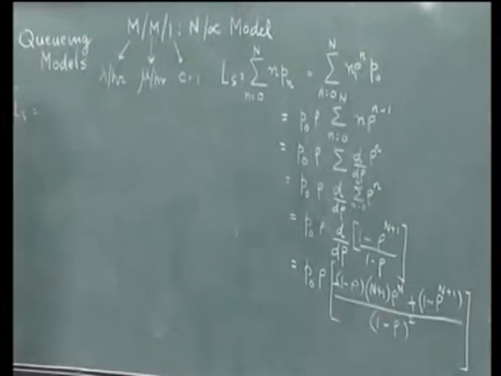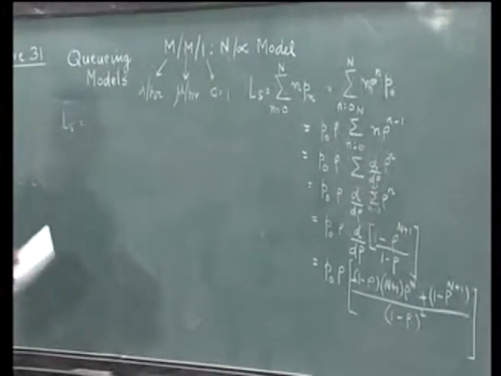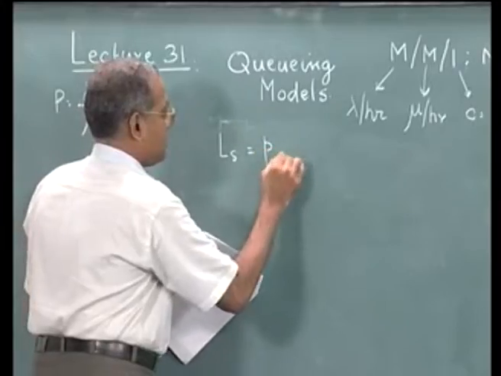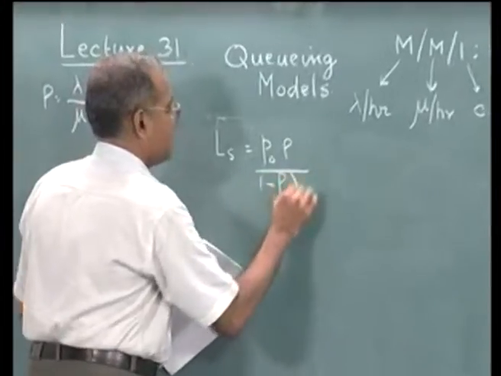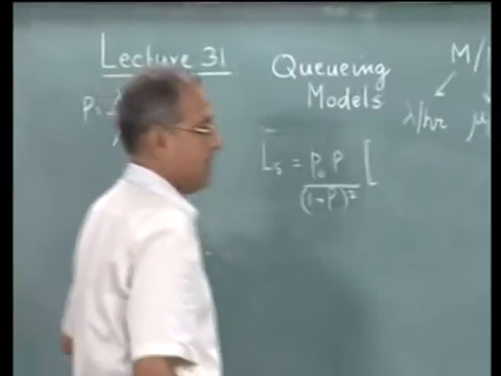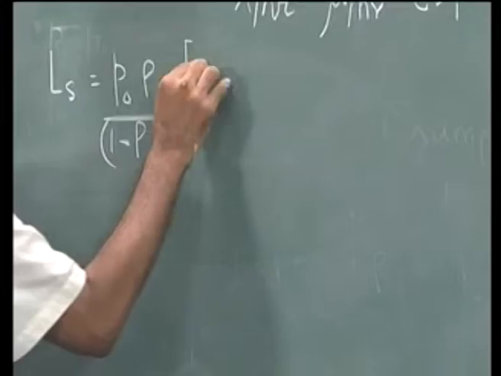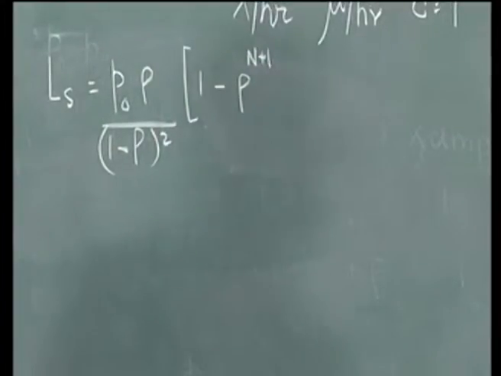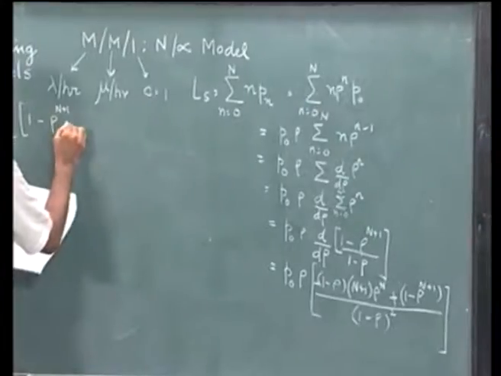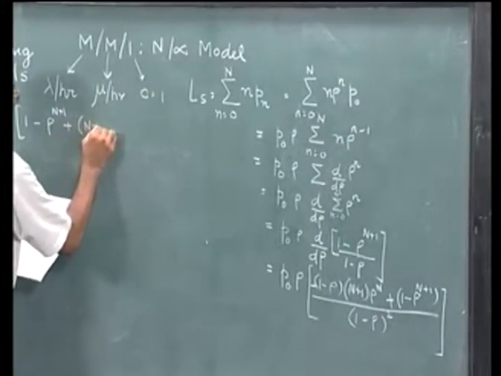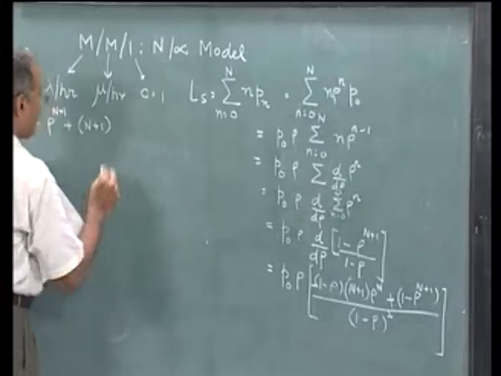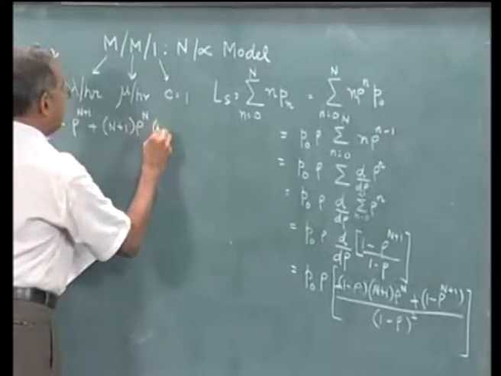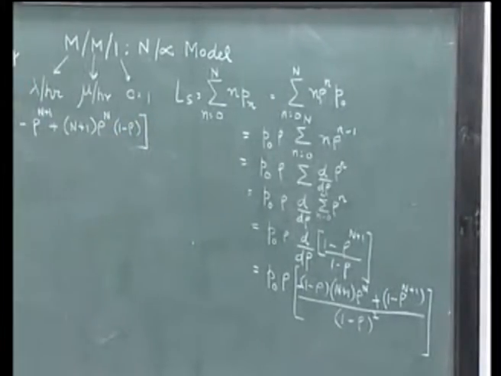Ls is equal to P naught rho by 1 minus rho the whole square into 1 minus rho to the power n plus 1 plus n plus 1 rho to the power n into 1 minus rho.